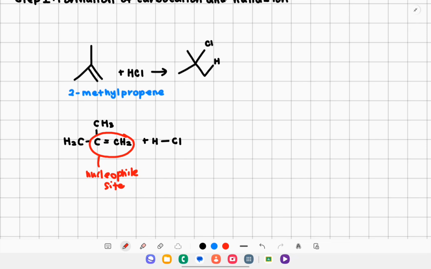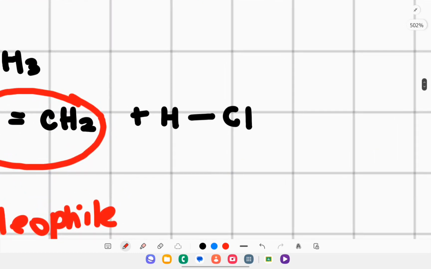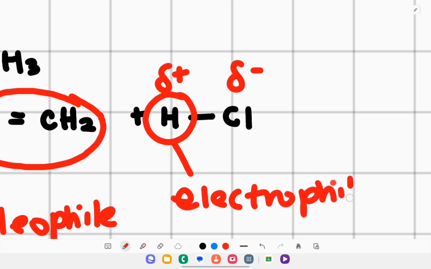Then, we need to identify who is the electrophile site. We can identify it here. In the HCl bond, we know that the H atom is partially positive and Cl is partially negative. So, H will become the electrophile site.